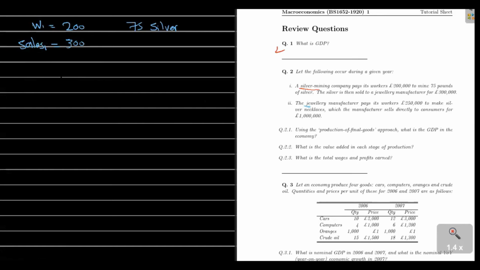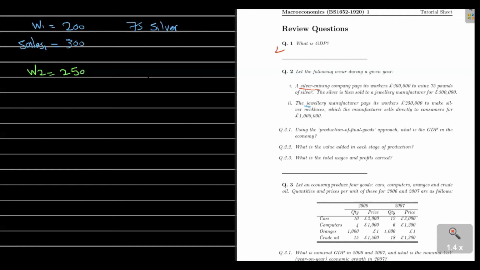Okay, let's look at the second firm. What does the second firm do? The jewelry manufacturer pays its worker 250, so wage 2 equals 250.